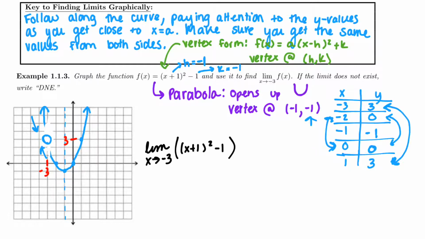So the value of this limit from both directions, as we approach from the right and from the left, we approach the same y value, and that y value is 3.